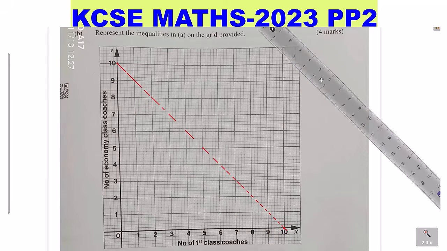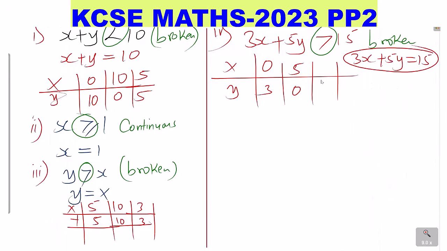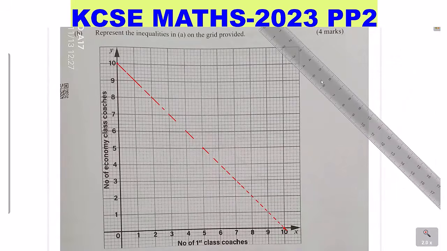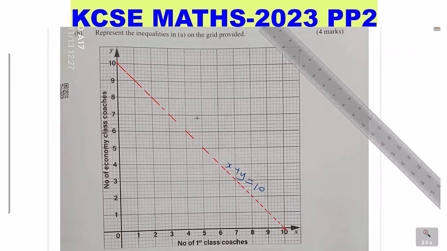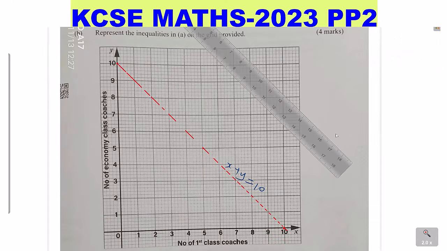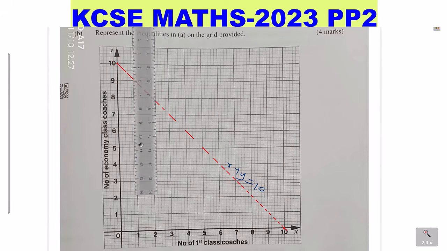So that is the first line, x plus y is equal to 10. We go to the other line. x is greater than or equal to 1. The line you're supposed to draw there is x is equal to 1. x is equal to 1 is a vertical line cutting across at 1.